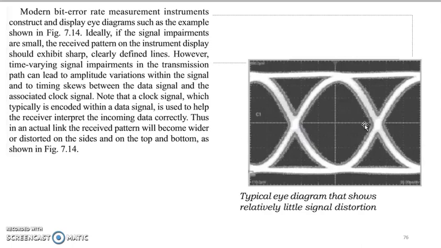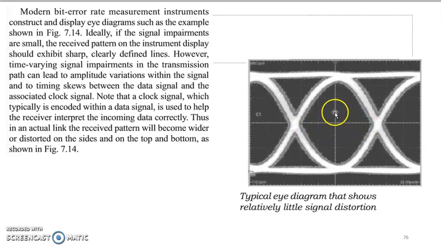Now, a modern bit error rate measurement instrument constructs and displays an eye diagram as shown in the figure. And this is exactly an eye diagram here. We can have a jitter here. From this to this, we have the eye opening horizontal distance, showing the sampling period.